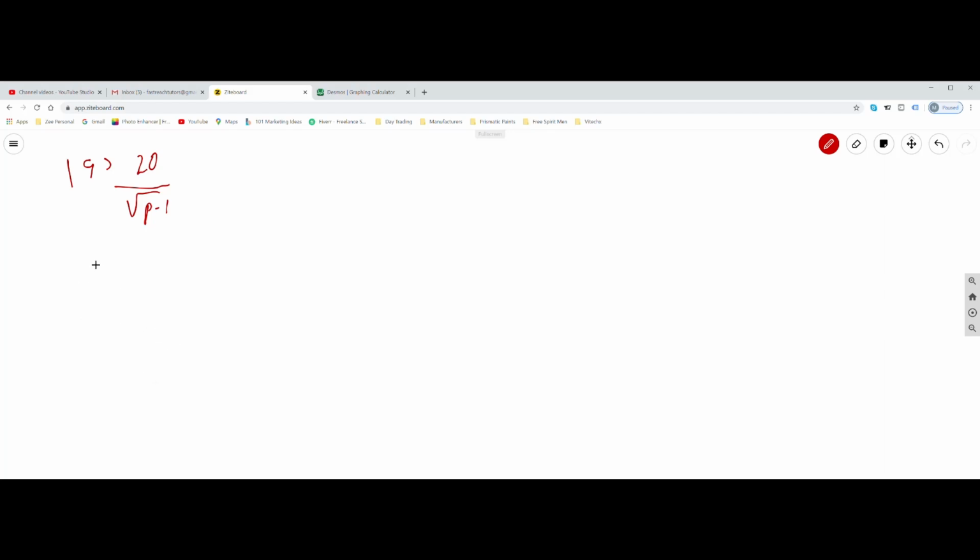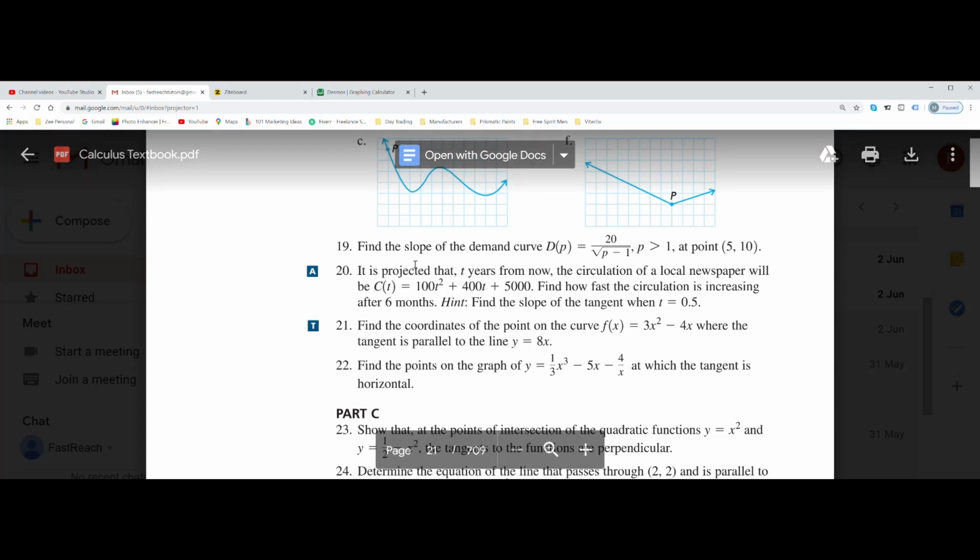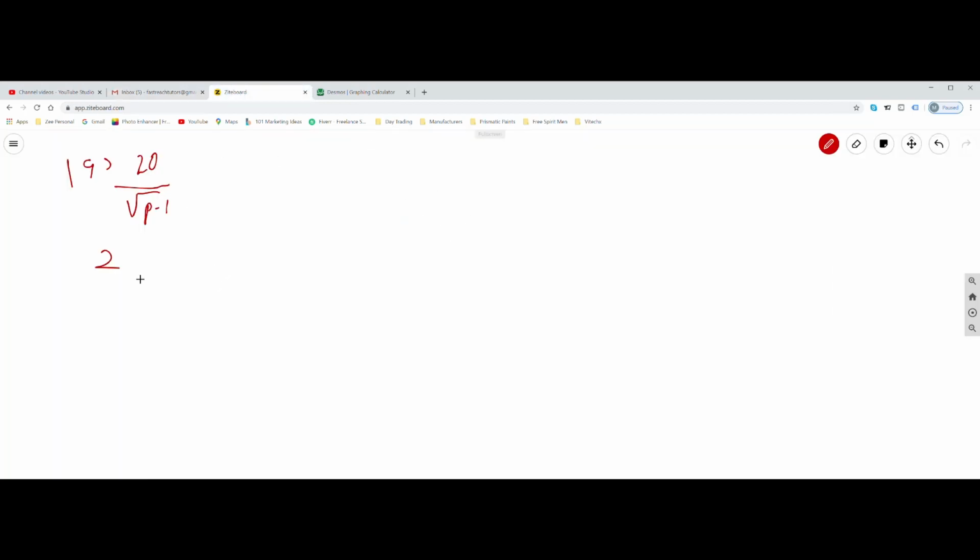The values that are given are 5 and 10. So we'll do 20 over square root of 5 plus h minus 1, minus 10.